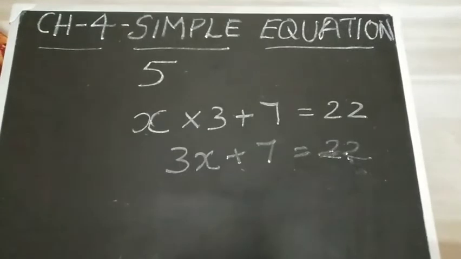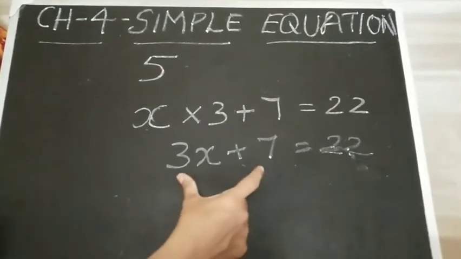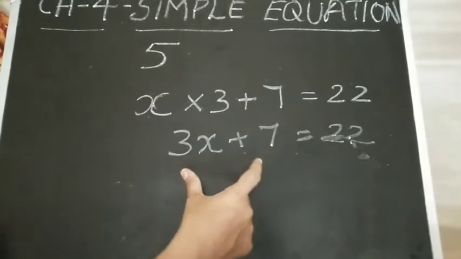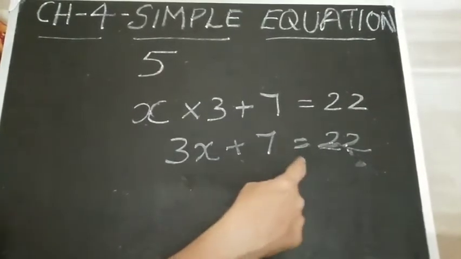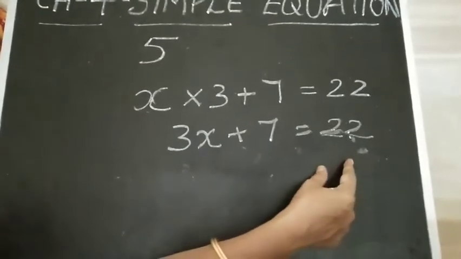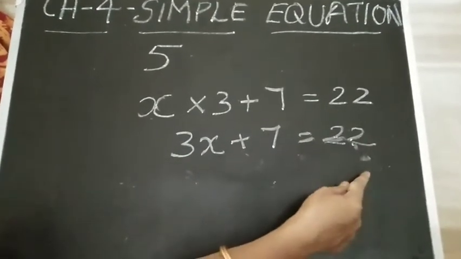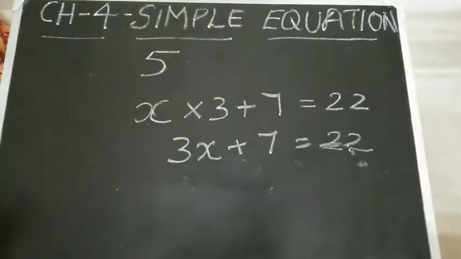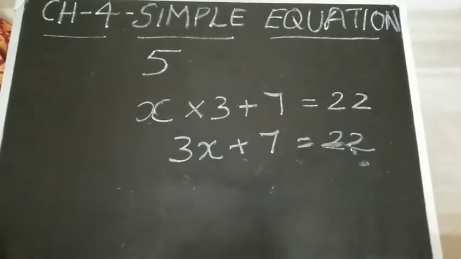Okay, so what is 3x plus 7? It is an expression. So, this expression is equated on the other side either to a constant or to another expression. It becomes a simple equation. What is an equation?